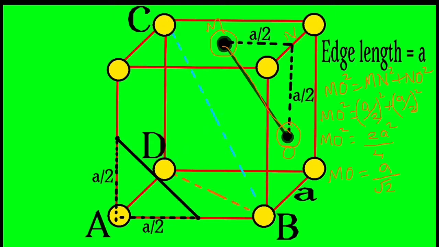Rationalizing it, that is multiplying by the same number on both the sides, MO is equal to A by root 2 into root 2 by root 2, that is equal to root 2A by 2.